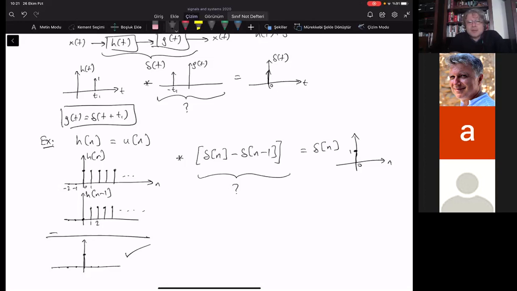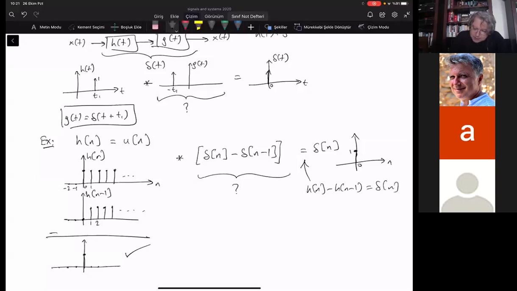So if I convolve h of n with delta n minus 1, I will get h of n minus h of n minus 1. Okay, because the impulses are behaving the same way. They are just applying the shift. If you convolve anything with delta n minus 1, it means you are shifting the input by 1. So that makes h of n minus h of n minus 1, which is equal to delta n.